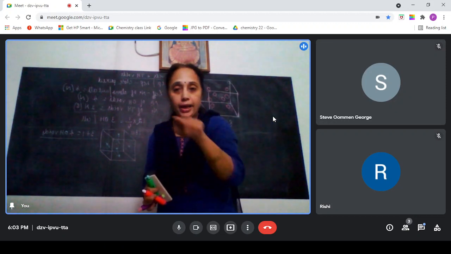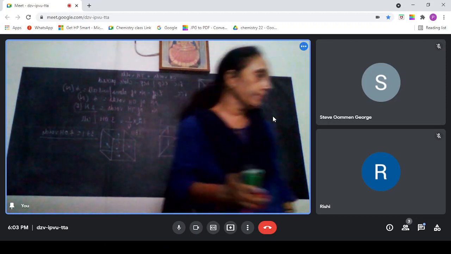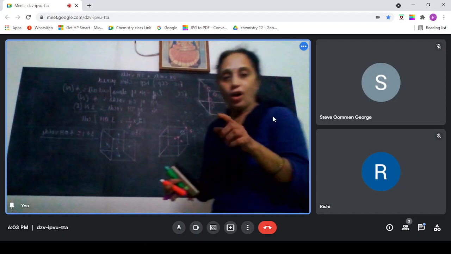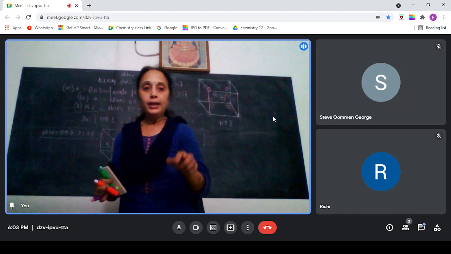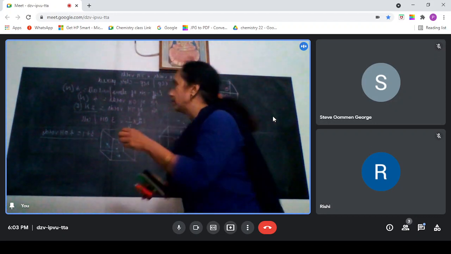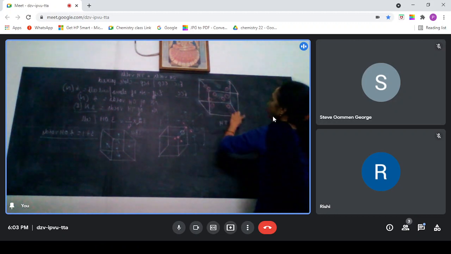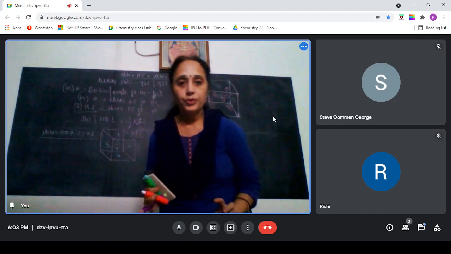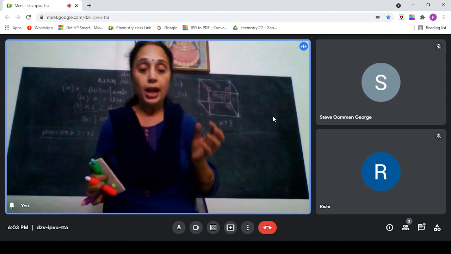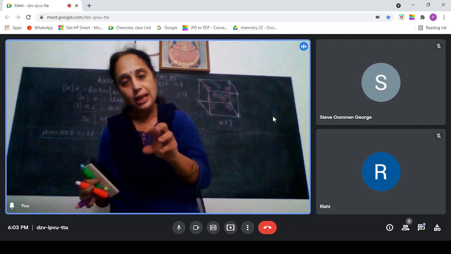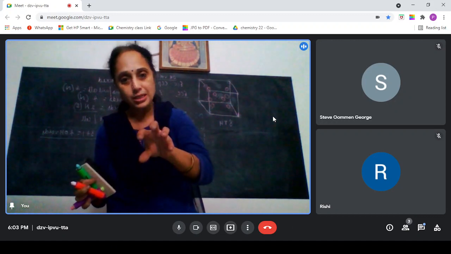That means 8 corner particles, and at 1/4 distance from the corner, each has one tetrahedral void, and that tetrahedral void is completely inside the cell and belongs to the cell.